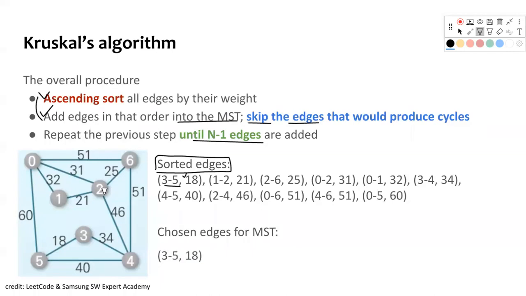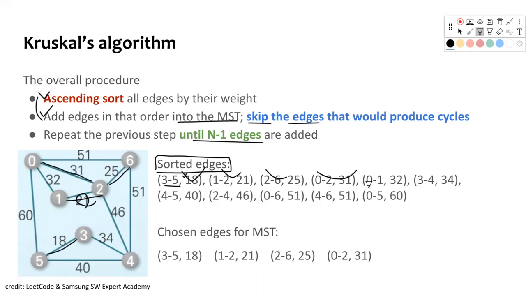We are going to choose 3, 5, 18, this edge first. And then the next step is 1, 2, because this one has the next minimum weight, 21. And we're going to choose 2, 6, this one. And 0, 2, this one. So we have chosen this one, this one, this one, this one.